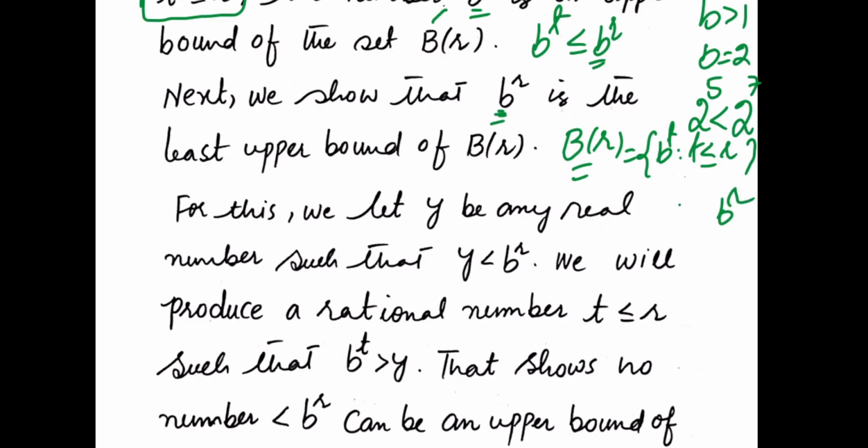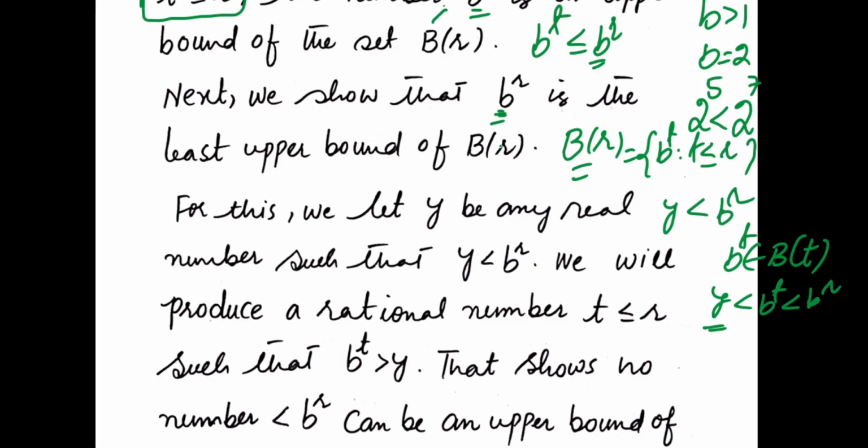I will take any real number y and claim that this y is less than b^r, and at the end I will show that there exists some number b raised to power t that is an element of this set. This number lies between y and b raised to power r. That will show y cannot be an upper bound of this set.